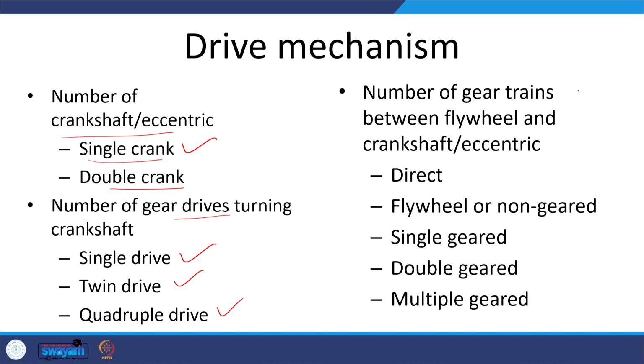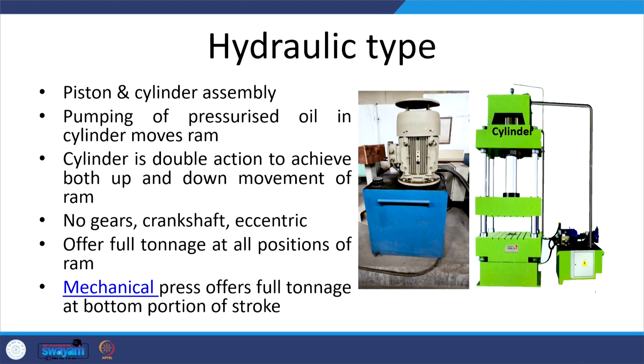Then the number of gear trains: it can be direct, where the motor is directly delivering the power to the crankshaft for realizing the rotary movement and then reciprocating movement. And then it is a flywheel or non-geared type, then single gear type, double gear type, or multiple gear type. So, depending on how many gear trains there are, this classification is given. We will be talking about these things further in detail.